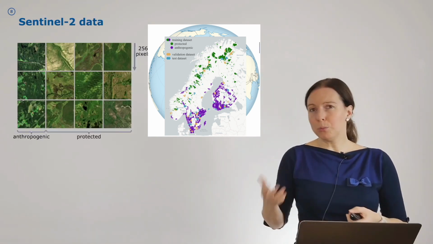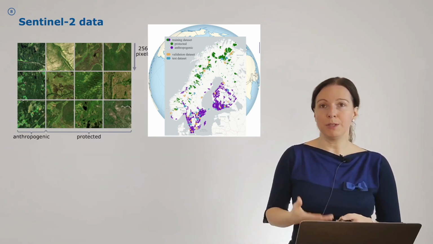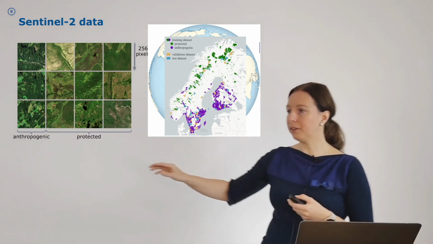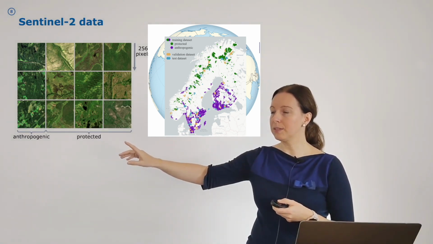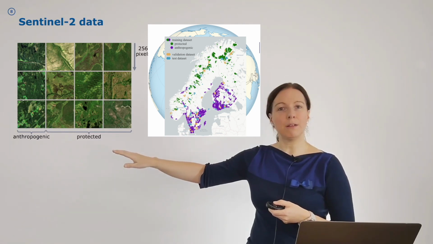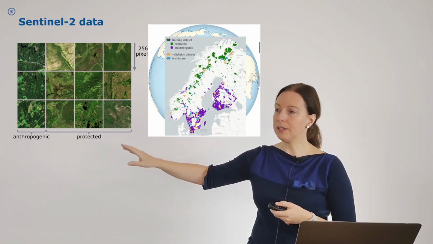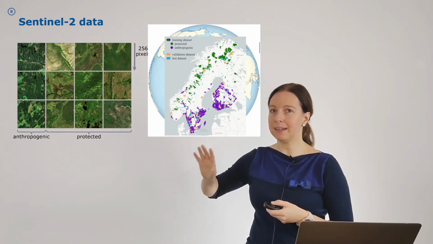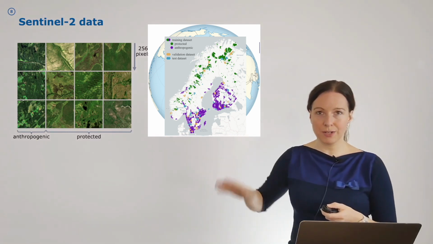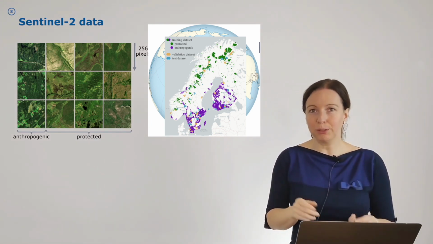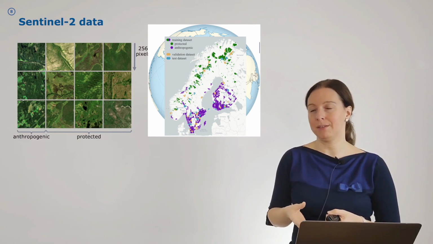What we used are Sentinel-2 images, that means satellite images. Here you can see some examples of such satellite images, a few examples from anthropogenic areas and protected areas. What you can already see is that trees and green are not only typical for protected areas.